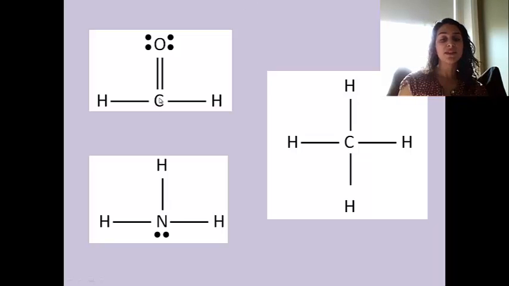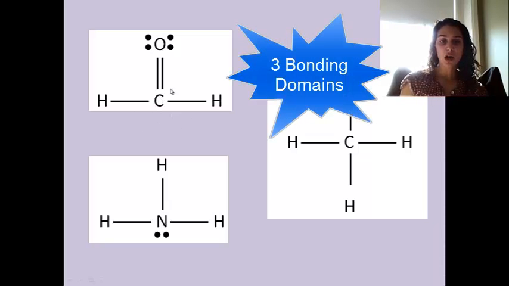So it doesn't matter if it's single or multiple bonds. It matters about the number of atoms bonded to the central one. So we have 3 here. And also notice I didn't count the lone pairs on an atom bonded to the carbon because I'm just interested in what's around this central one. So this is 3 atoms bonded to it and therefore 3 domains.